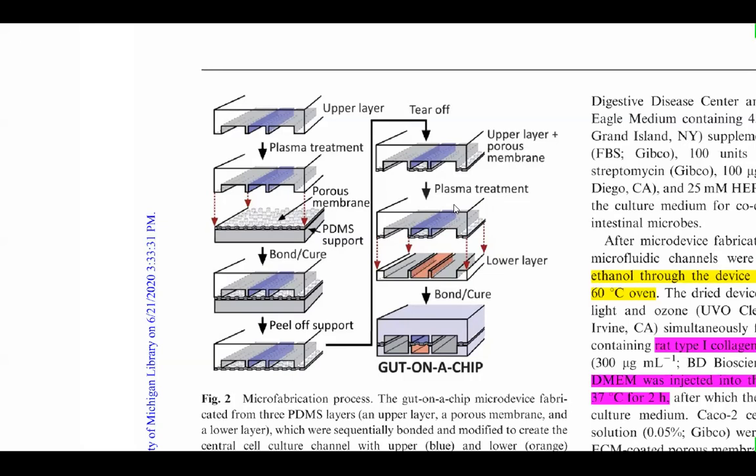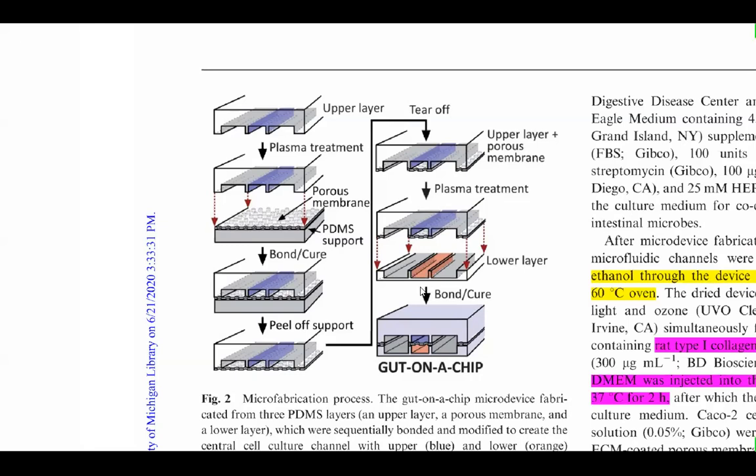assembled microfluidic gut-on-a-chip device. This microfluidic device was sterilized by flowing 70% ethanol, and after drying, it was also exposed to UV light and ozone for 13 minutes.